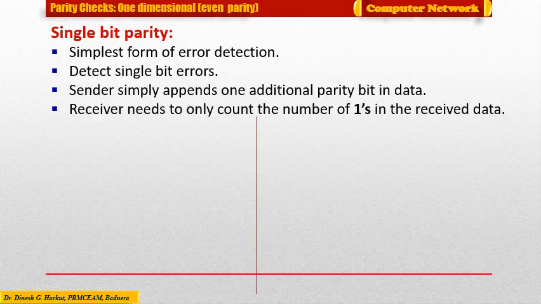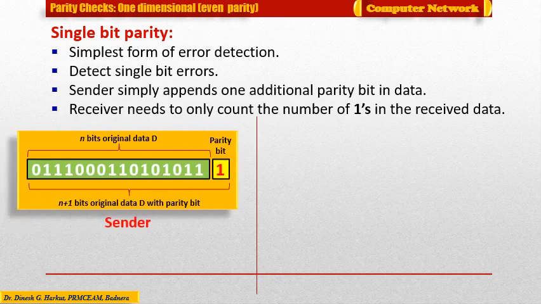Perhaps the simplest form of error detection is the use of a single parity bit. Suppose that the information to be sent, that is D, has n bits.